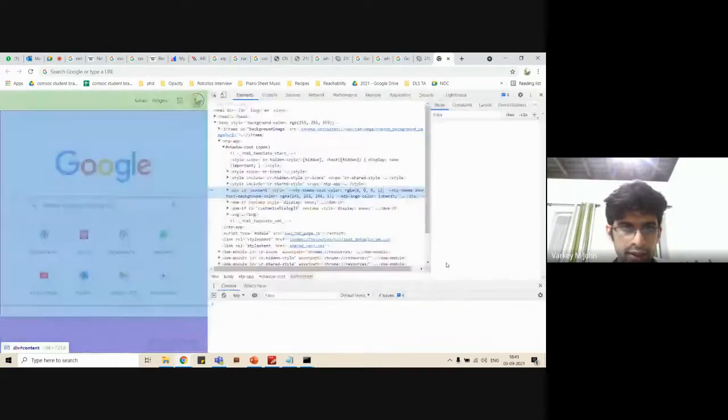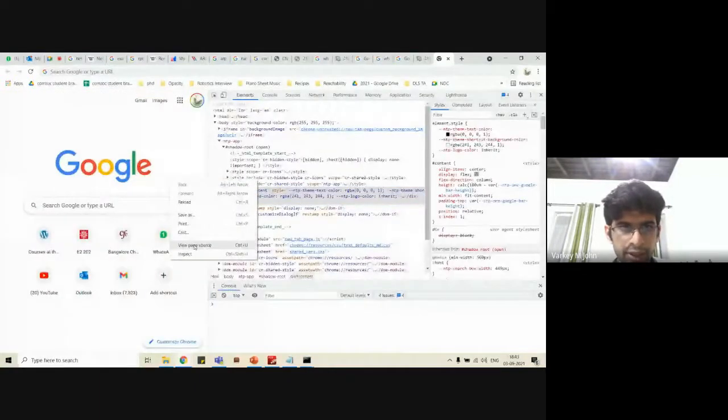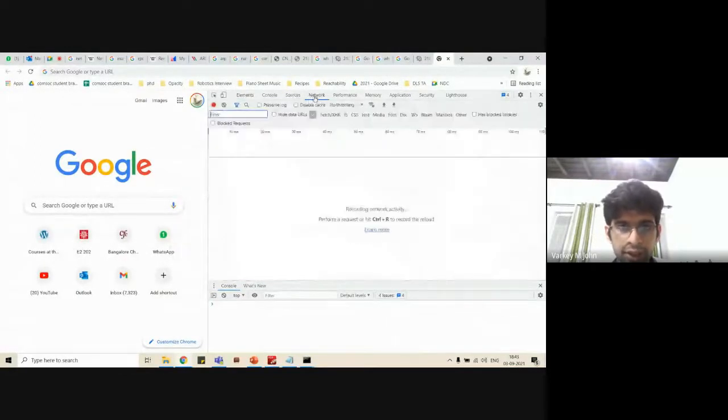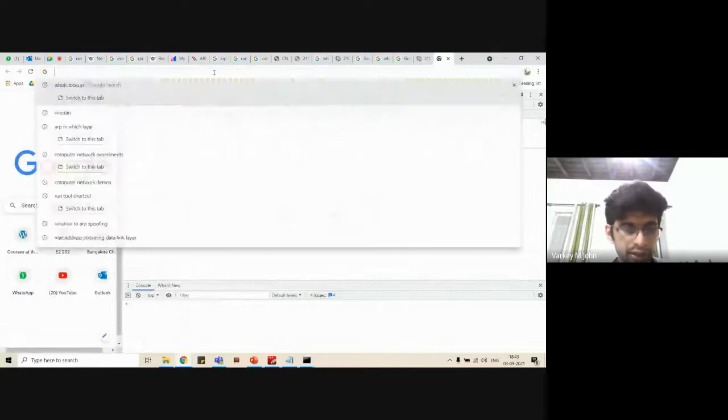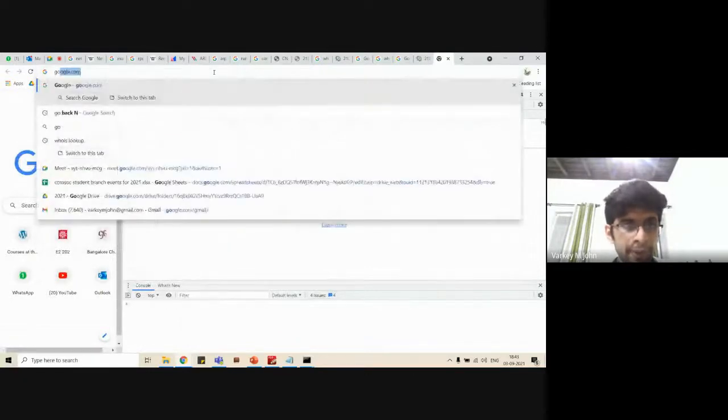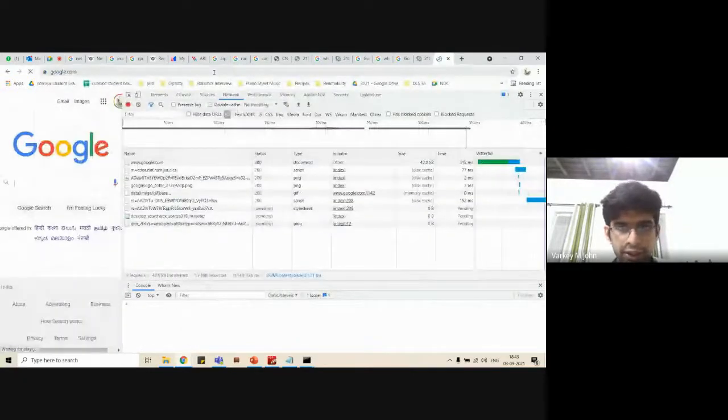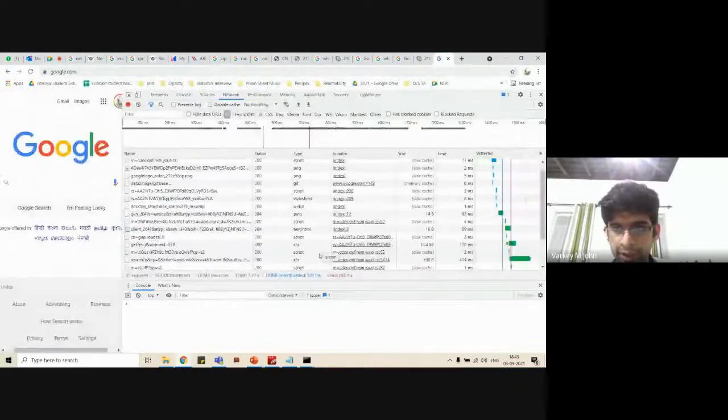In other browsers it will be similar. Then you can go to network. This console will show you all the networking activity that is going on while you're accessing a website. So let's say you go to google.com. You can see all the transfer is happening.